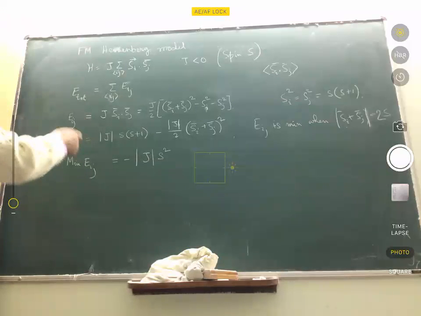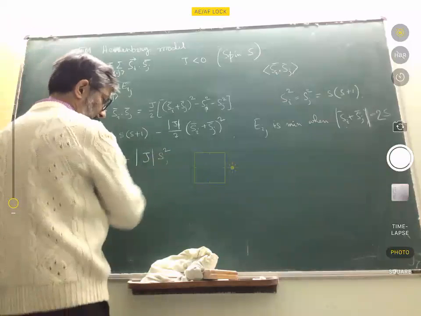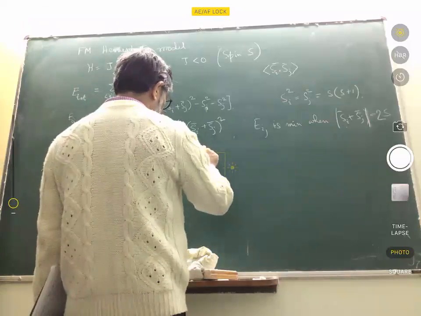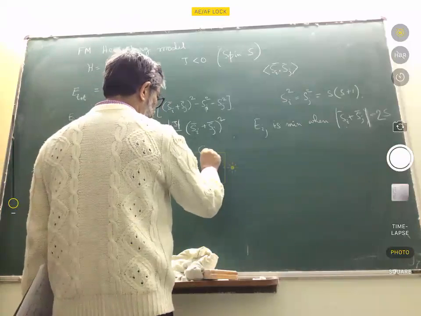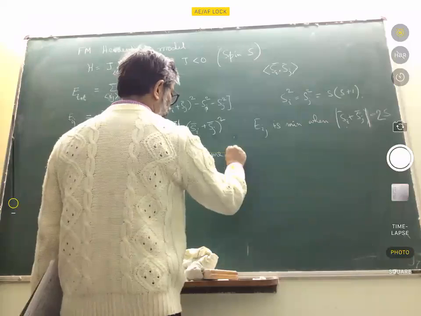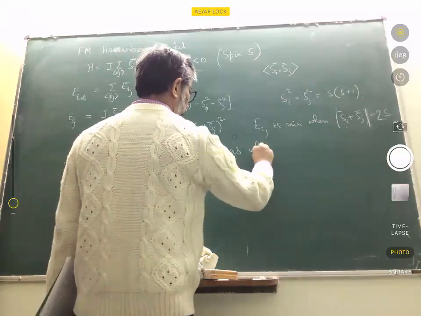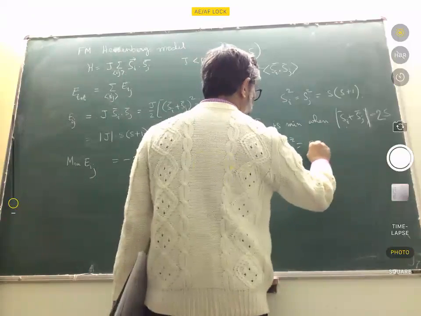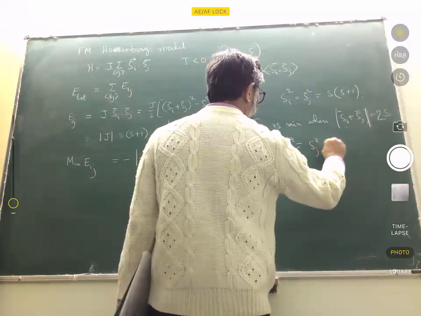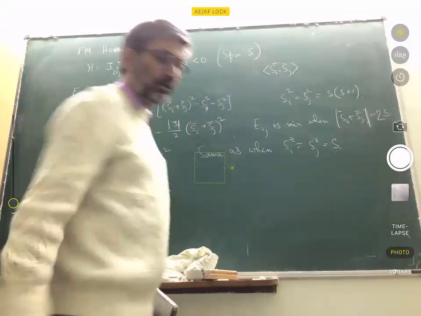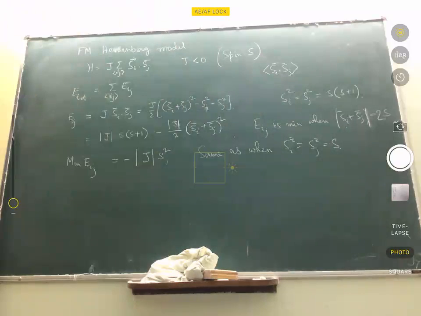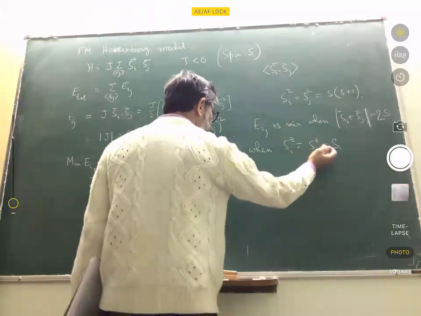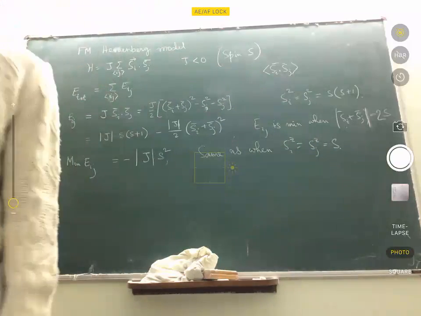So this energy is the same when you have both these Z components are S. See, Z component of both the spins at I and J can have 2s plus 1 different values.